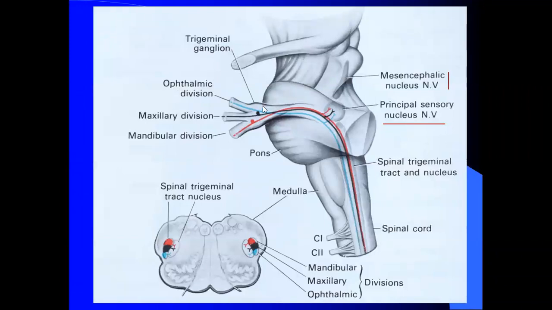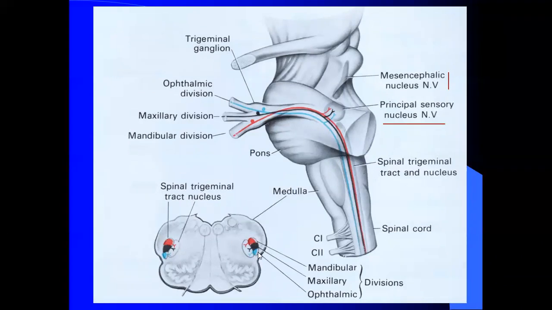A nice diagram, first of all, showing you again the size of trigeminal. Here we are. This is showing you the spinal trigeminal tract. These are the divisions of the primary. This would be of the spinal trigeminal tract, showing you how the ophthalmic, maxillary, and mandibular are aligned.